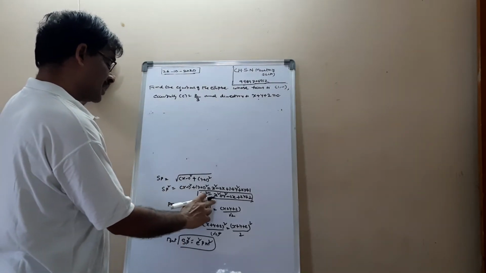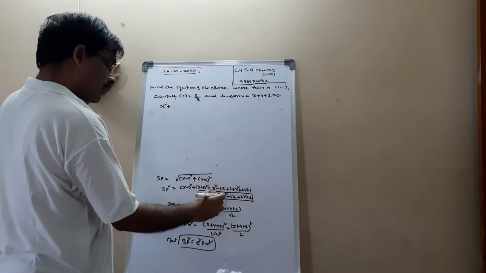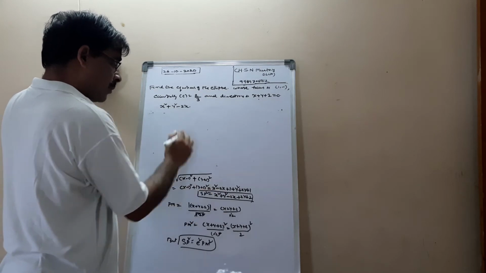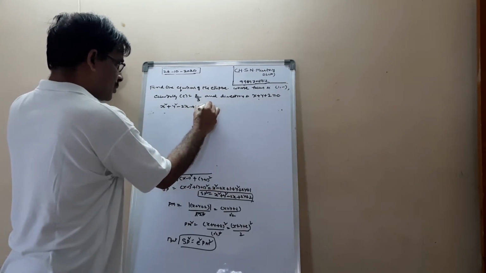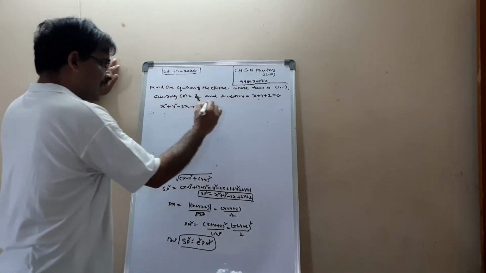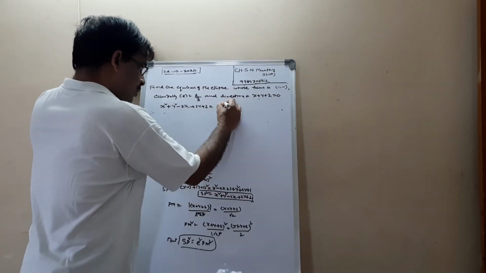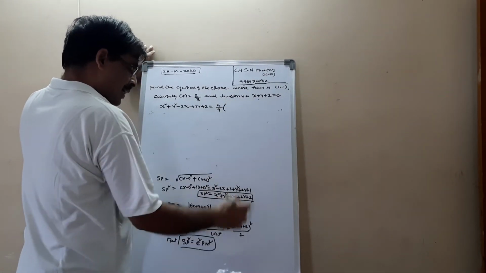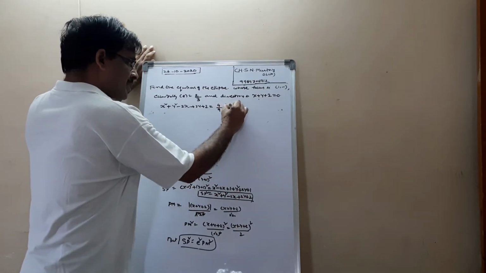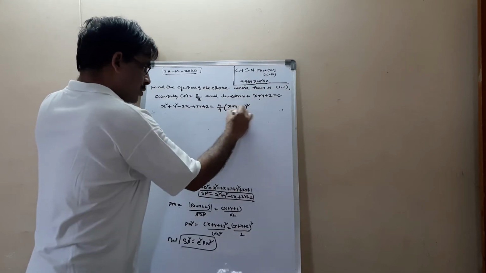What is SP square here? x square plus y square minus 2x plus 2y plus 2 equal to e square. Our e is equal to 2 by 3, it means 4 by 9, 4 by 9 into PM square, (x + y + 2) whole square by 2.